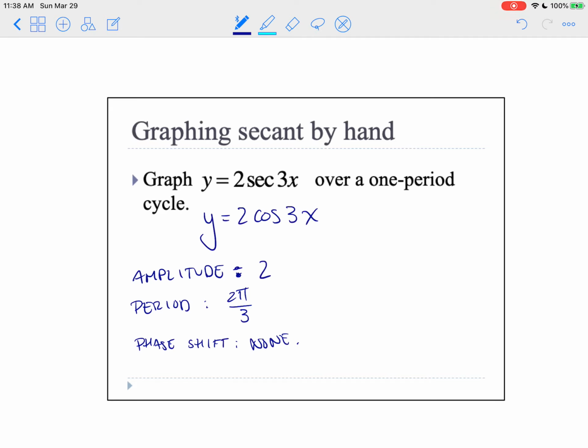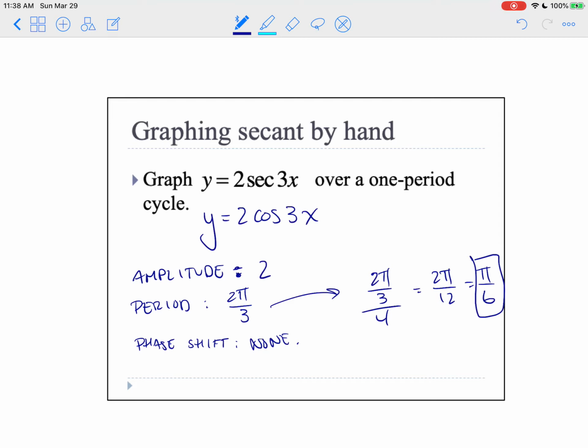I'm going to use my period, dividing it into 4 equal parts, gives me 2 pi over 12, or pi over 6. Now if I had a phase shift and it were pi over 4, then I wouldn't want to use this as my scale. If it was pi over 3, this would be okay as my scale.